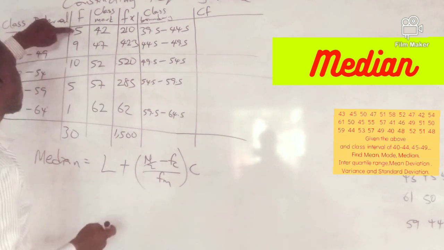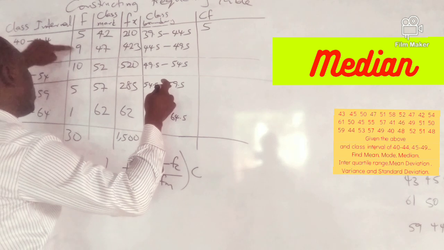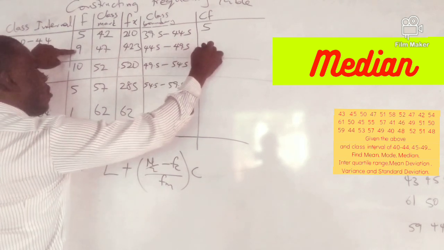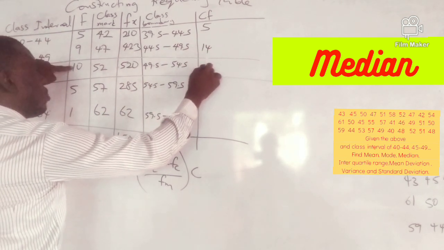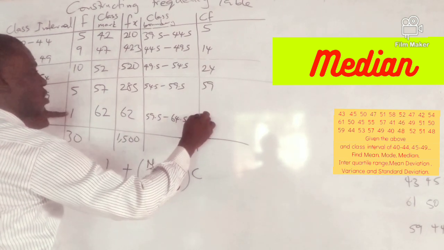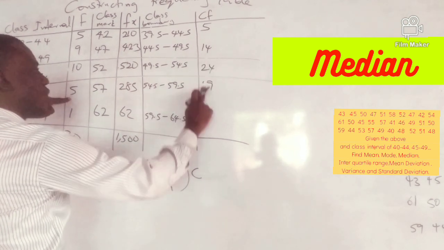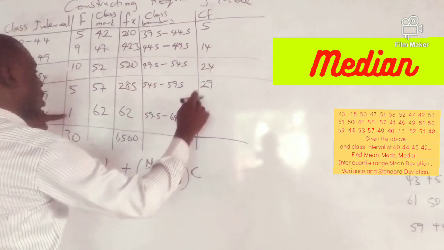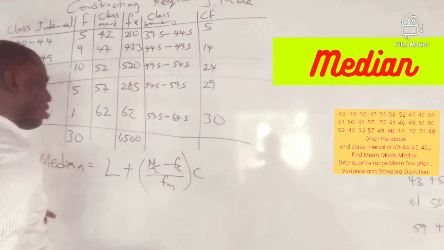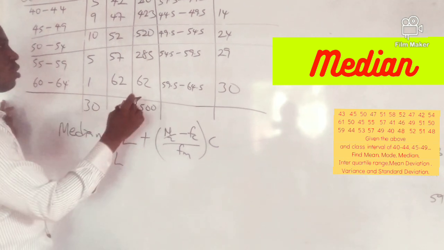You add up your frequencies: 5 plus 9 is 14, plus 10 is 24, plus 5 is 29, plus 1 is 30.